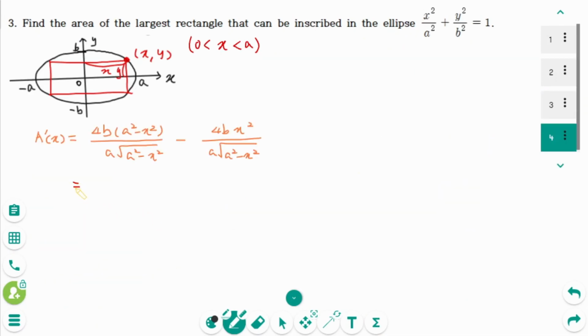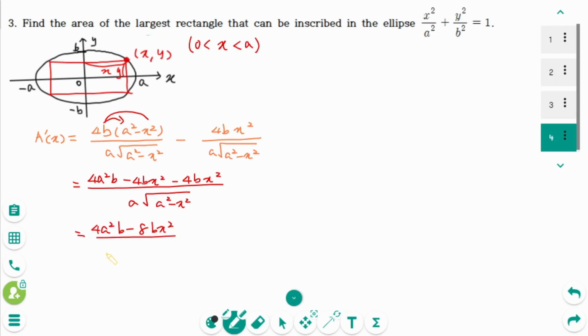Then make a single fraction, expand: 4a squared b minus 4bx squared minus 4bx squared over a times the square root of a squared minus x squared, 4a squared b minus 8bx squared over a times square root of a squared minus x squared.